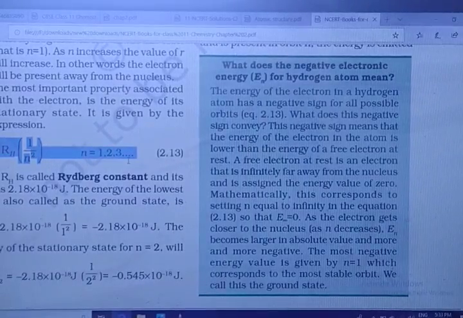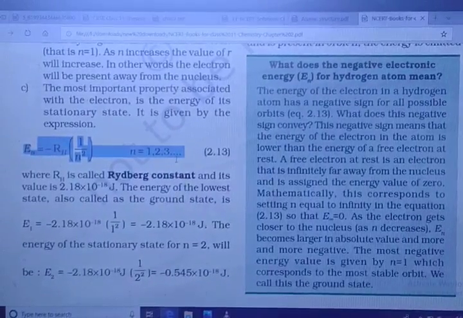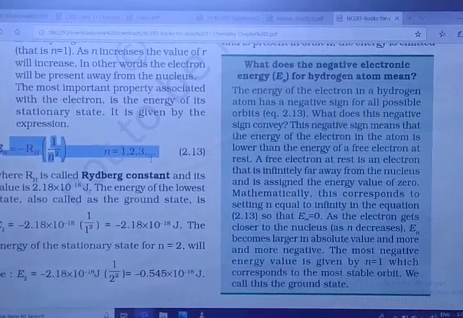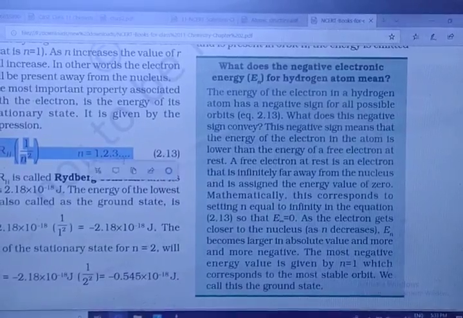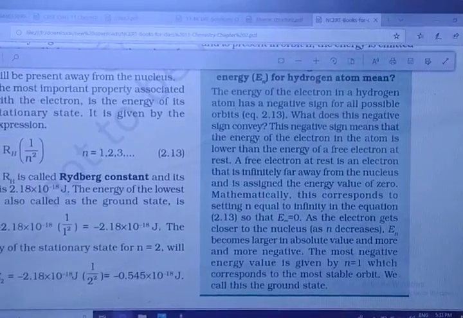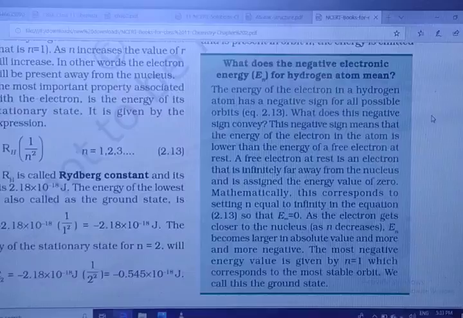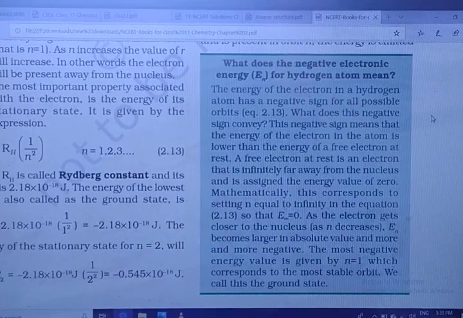Are you seeing this equation? En is equal to minus RH into 1 upon n square, where n is equal to 1, 2, 3. What does this negative sign convey? The negative sign means that the energy of the electron in the atom is lower than the energy of a free electron at rest.